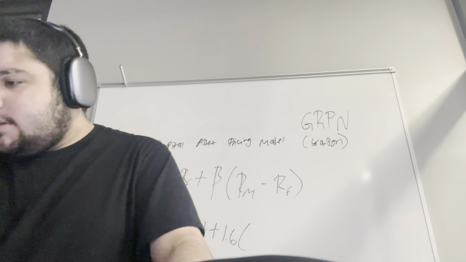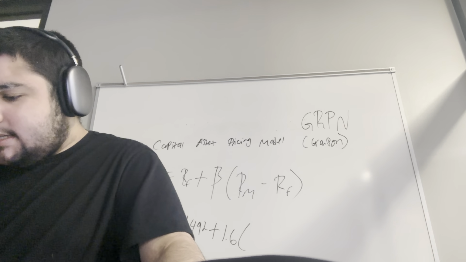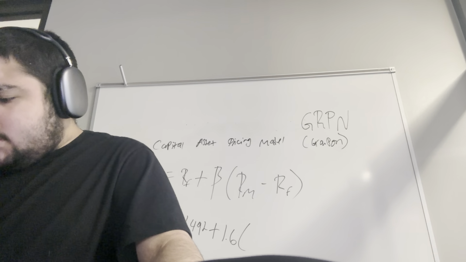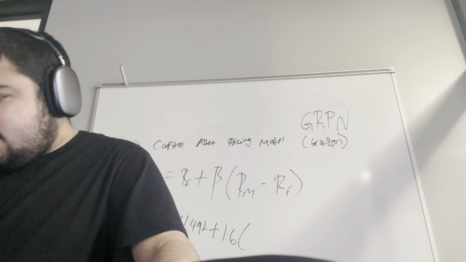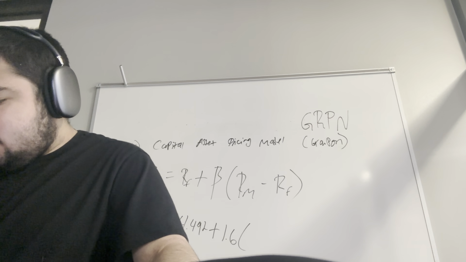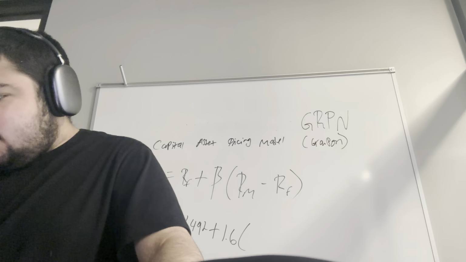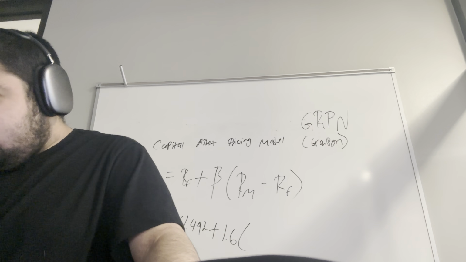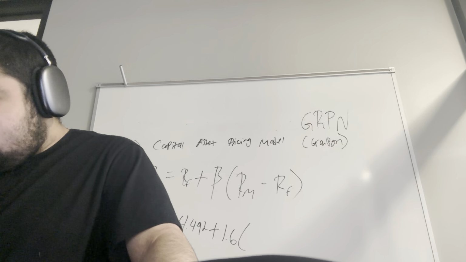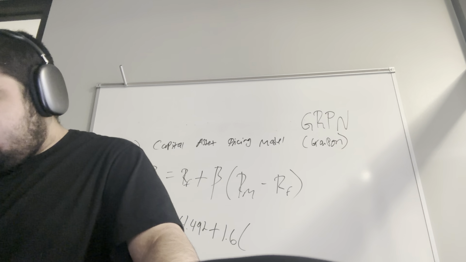So what has the return been for the stock market for the past 10 years? I think it's the 10-year average. Well, what is the S&P return? 10 years, 138%. So it would be the average.